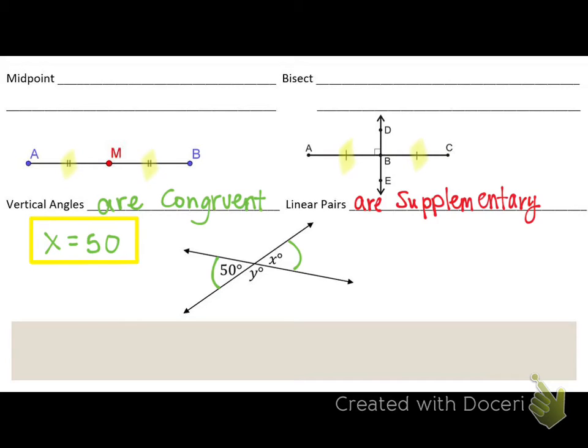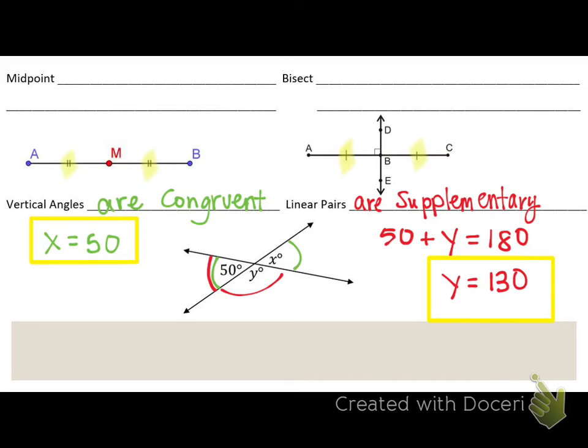So which angle is supplementary with 50? Yeah, 50 and y. 50 plus y equals 180. So then y would equal 130.